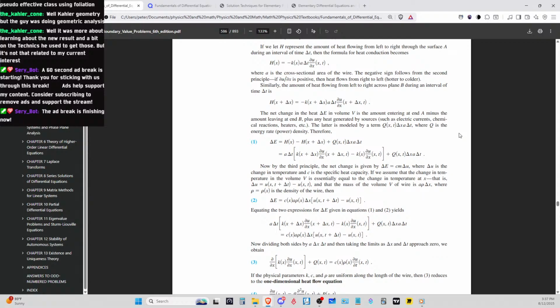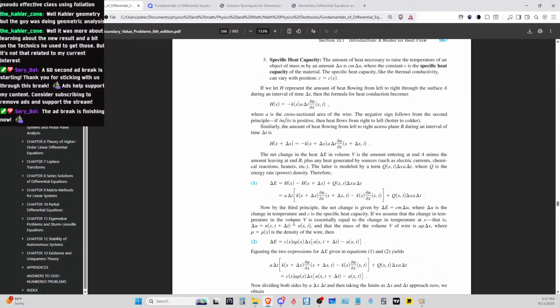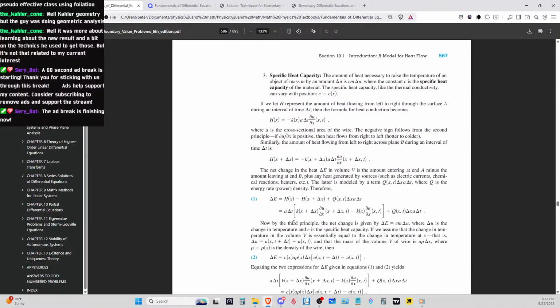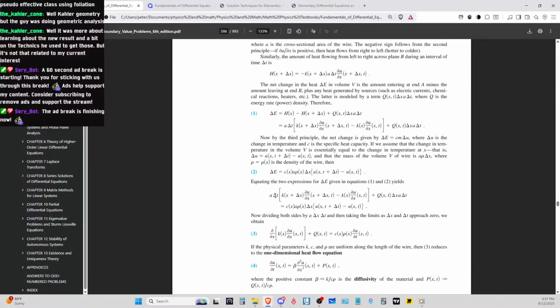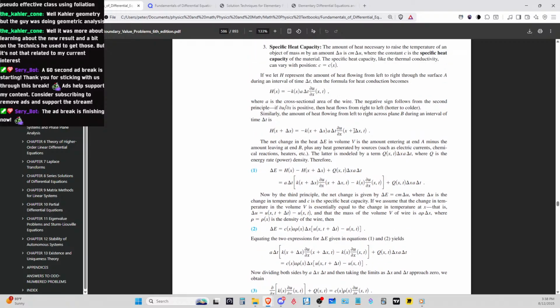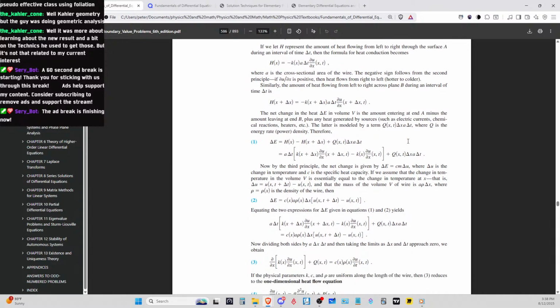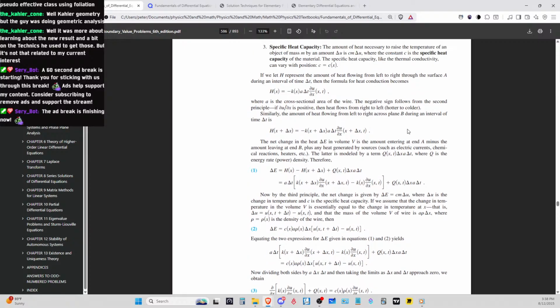Oh, okay, so you're supposed to set... this specific expression talks about the heat flow. So this is the heat flow from A and B plus the amount of, where is it?